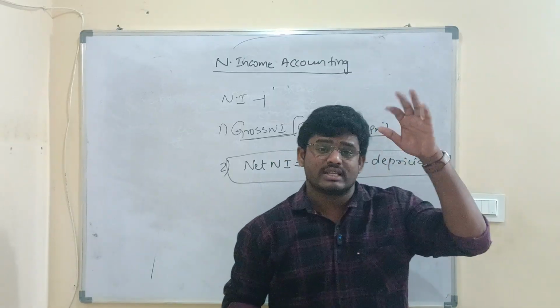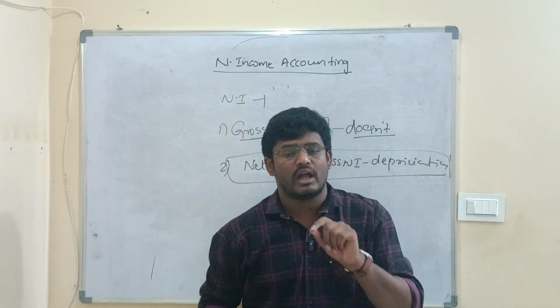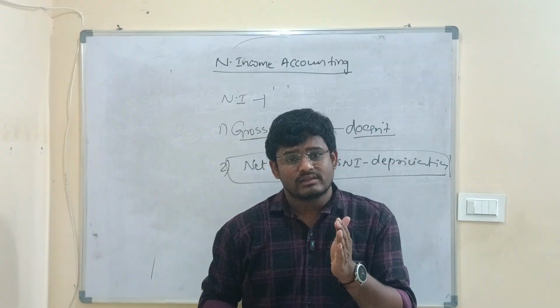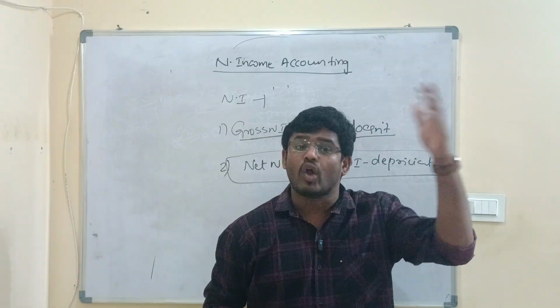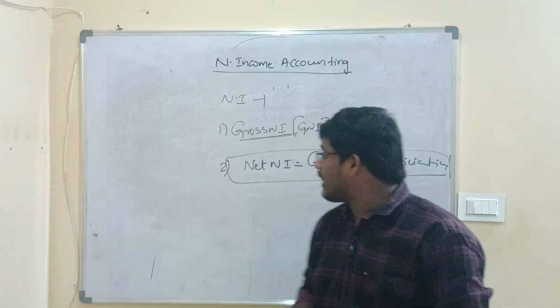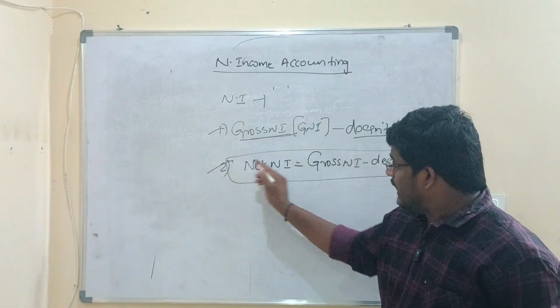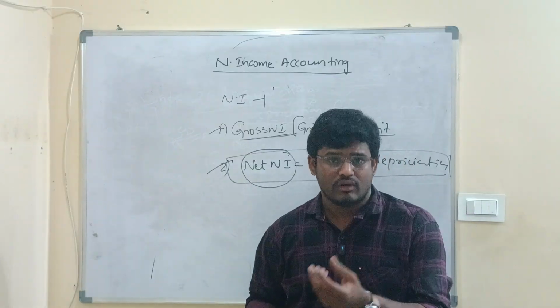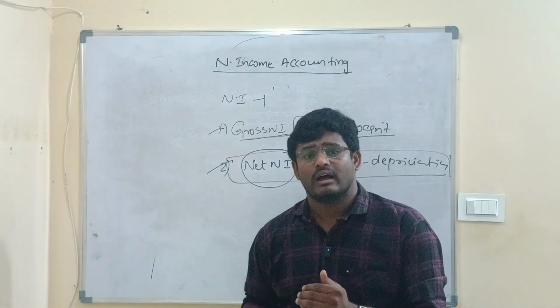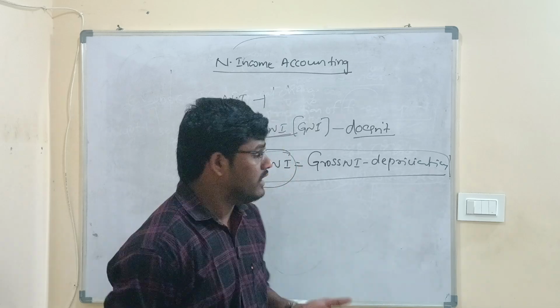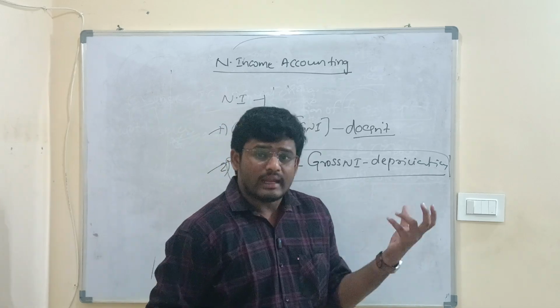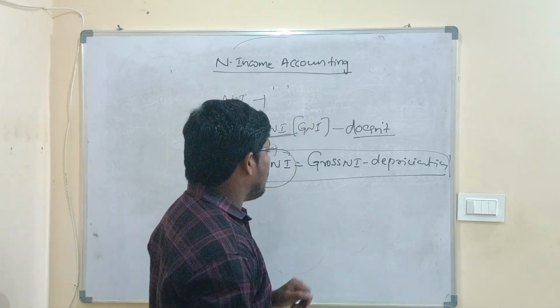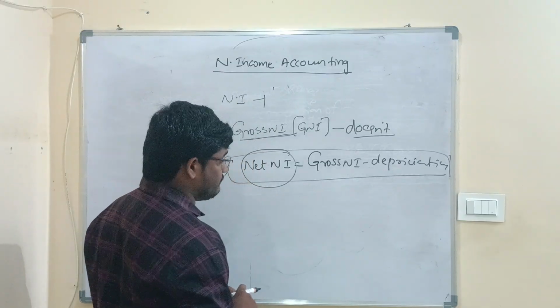When we discussed nominal and real national income, real national income is the best method compared to nominal. Similarly, compared to gross and net, it is net national income which is considered the best measure of the two, because we are deducting the depreciated value which is happening in the economy, which is the reality. This is the point we have to keep in mind.